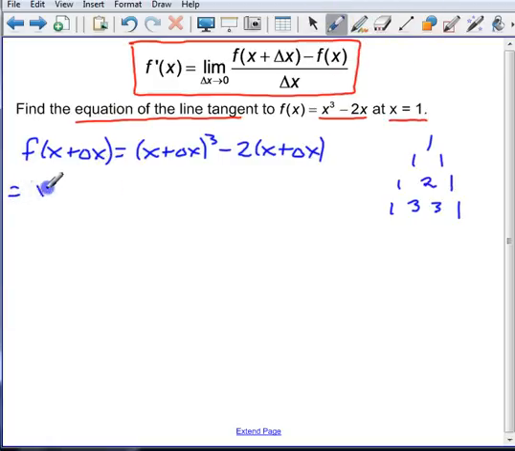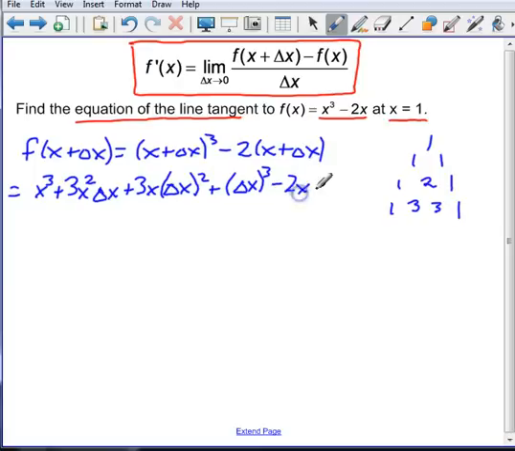So I've got 1x cubed plus 3x squared delta x plus 3x delta x squared plus delta x cubed minus 2x minus 2 delta x.